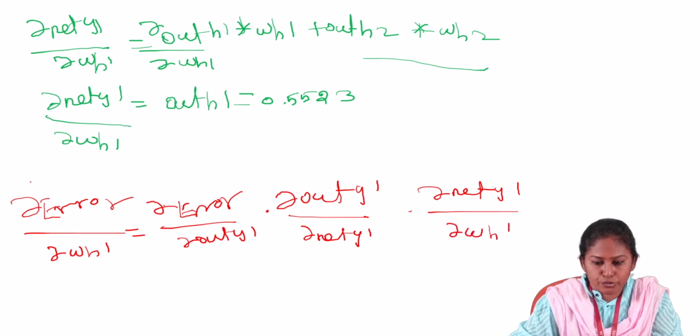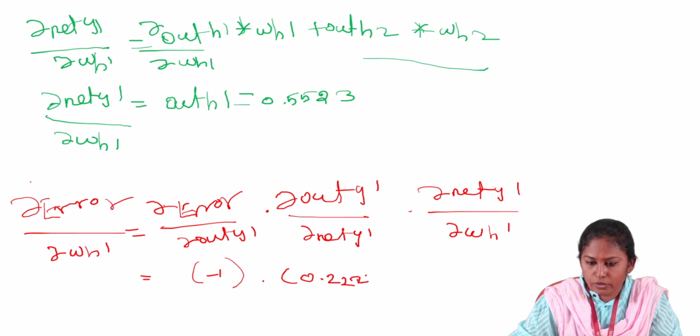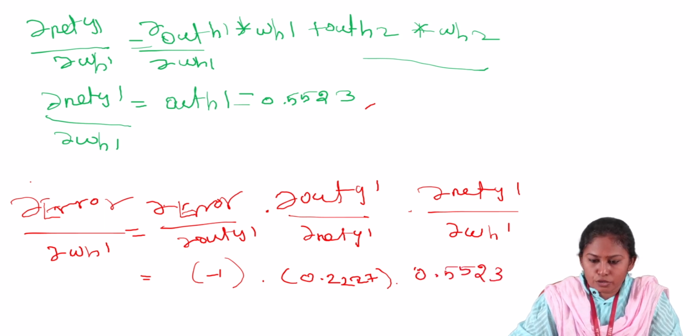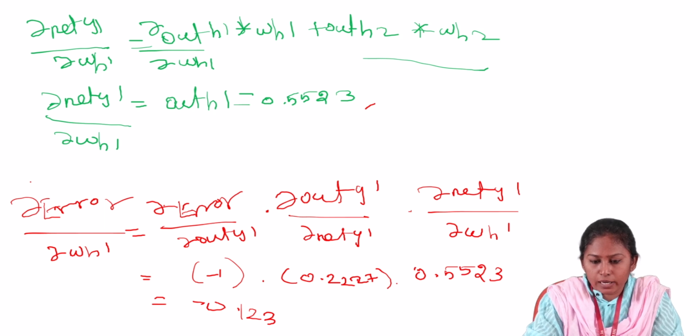Substituting these values: first -1, then dou out y1 divided by dou net y1 is 0.2227, then the last value 0.5523. So the answer is minus 0.123. So we have calculated only the gradient with respect to the hidden layer 1 to the output layer.